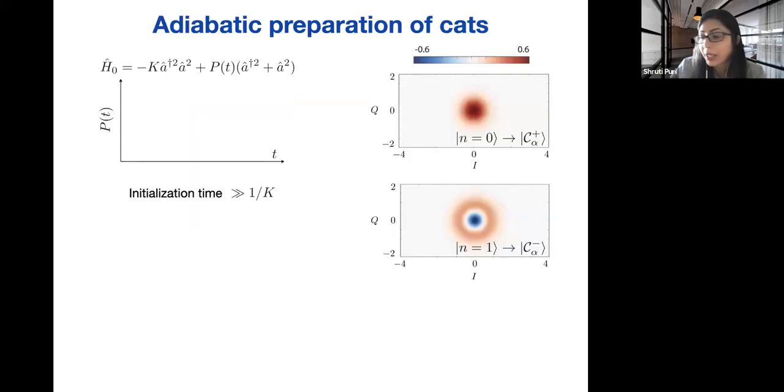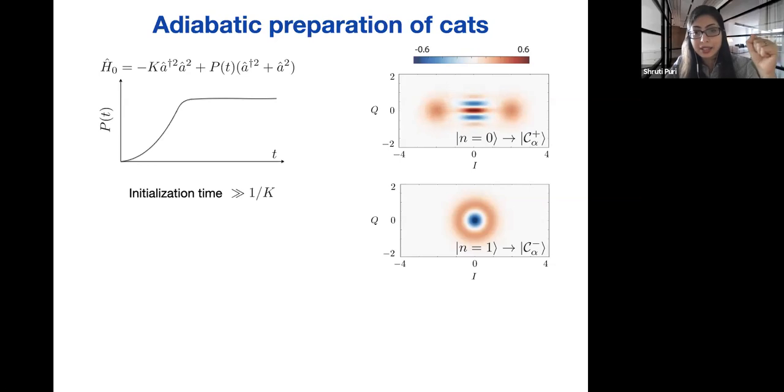So how do you prepare these cat states? What you do is you first start with an empty cavity. So there's no drive, and say your cavity is in vacuum. And now you slowly increase the drive from 0 to some constant value. Then the oscillator will follow this drive, and if you initialize your oscillator to the Fock state 0, it will follow the drive, split to the cat state C plus.